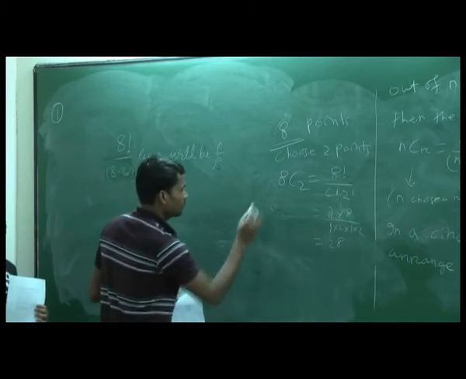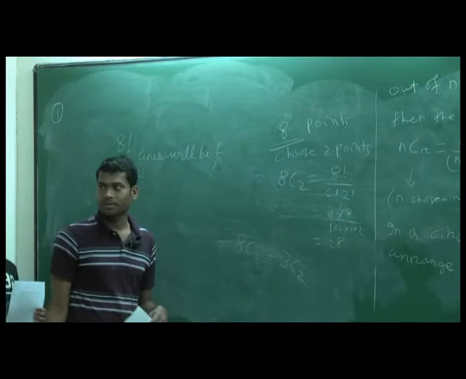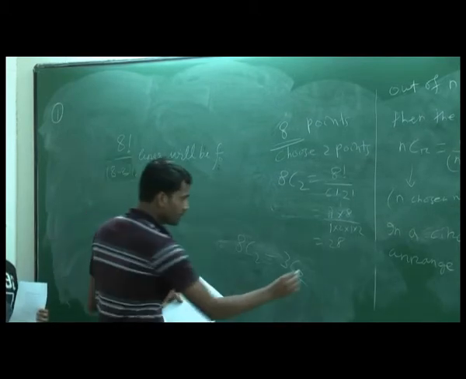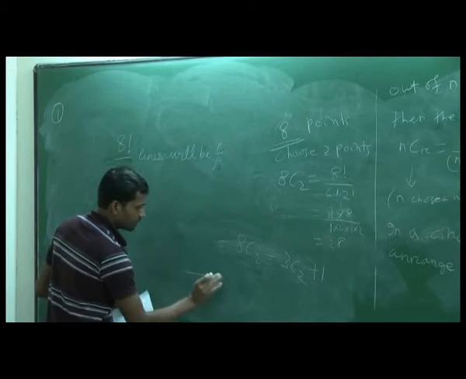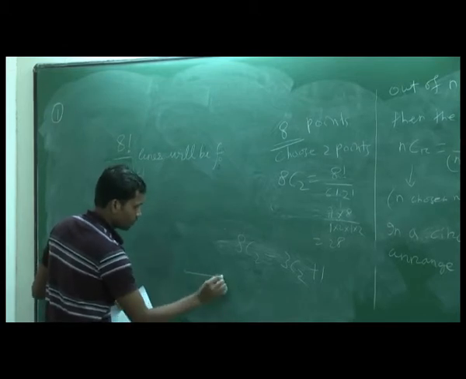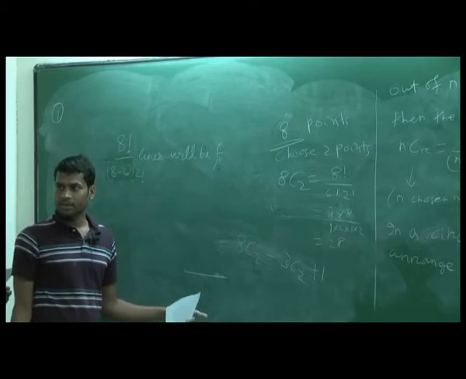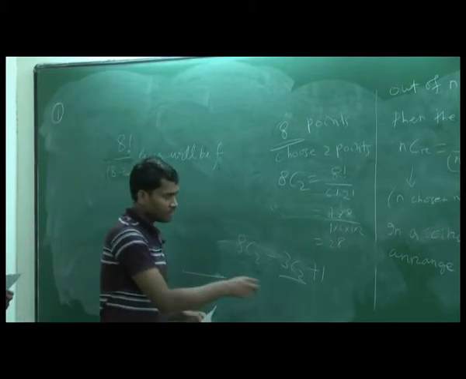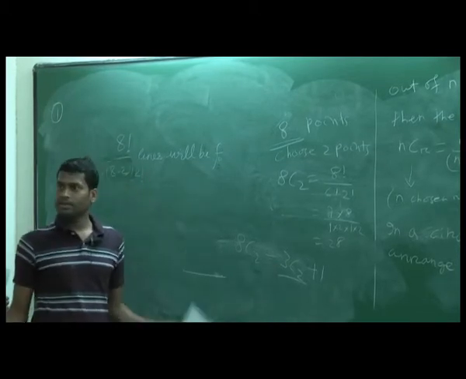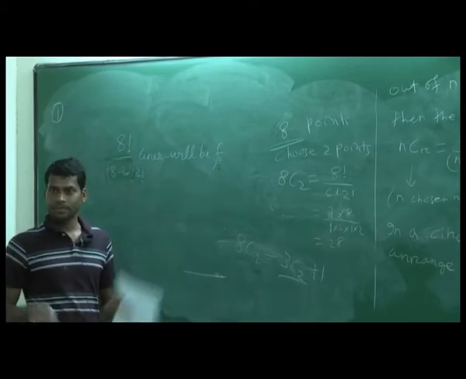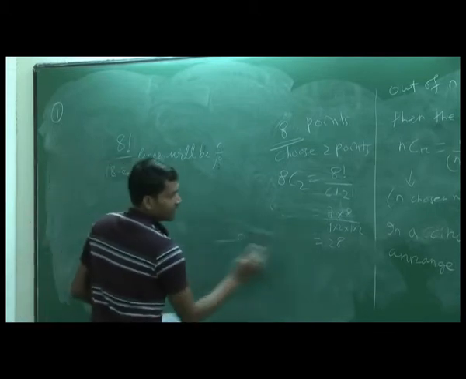Total it will become 8C2 minus 3C2 plus 1, because all 3 can make one line. We consider them one line. We subtract first, then add 1. Everybody understood? Okay. So this is for a particular case.